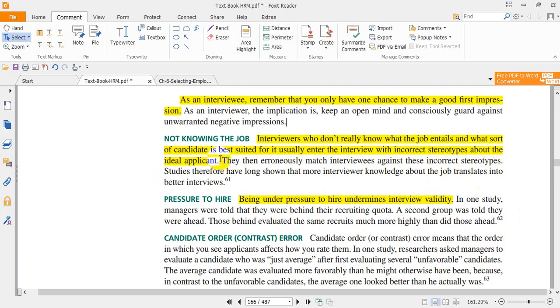This is a big mistake when the interviewer doesn't know what the job entails, what the job description and job specification are, and what sort of candidate is best.